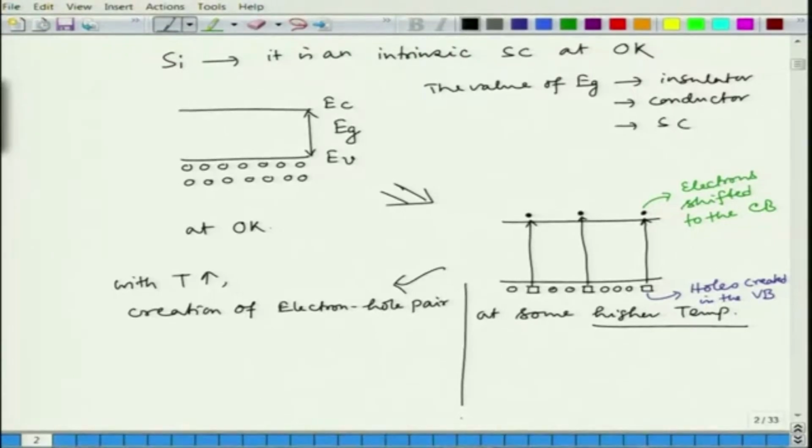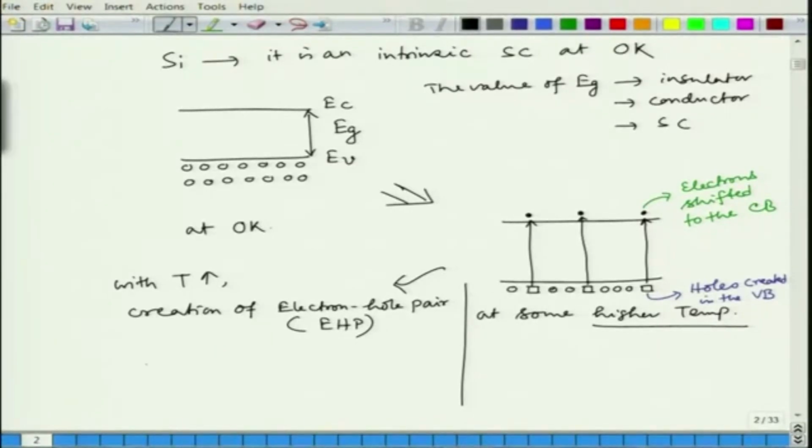Whenever a hole is created, an electron is available in the conduction band. This is often abbreviated as EHP, which is electron hole pair. Electron and hole will always exist in a pair form. A hole does not have any meaning without a counterpart of an electron.